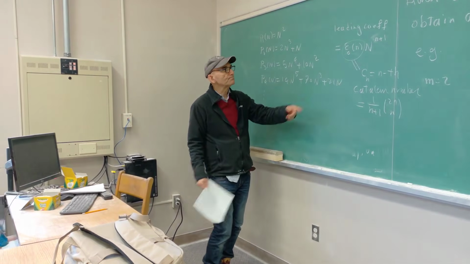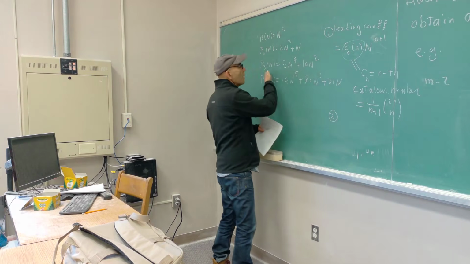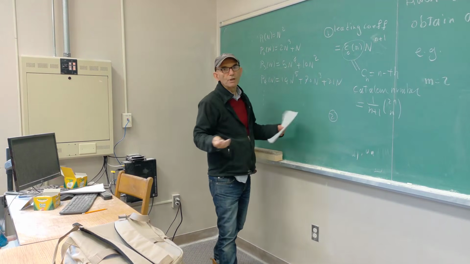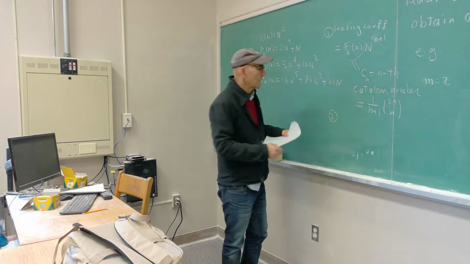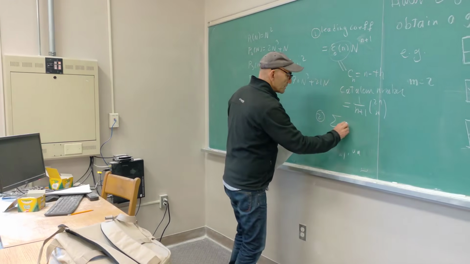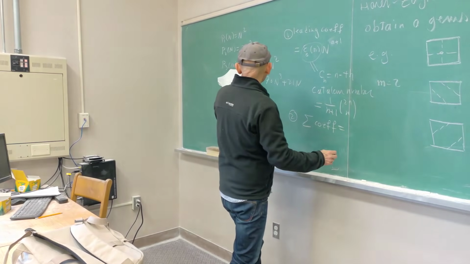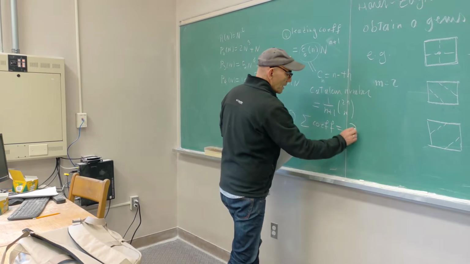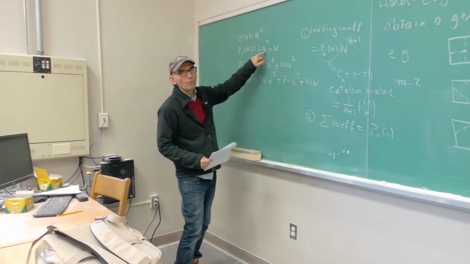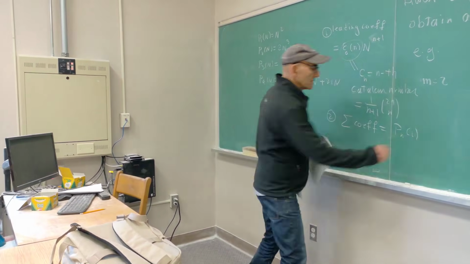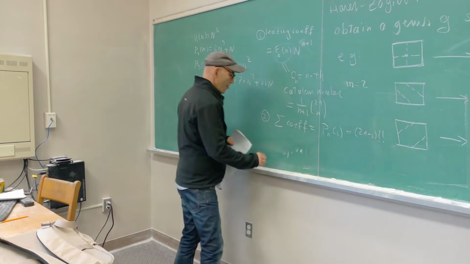So that's one observation. The second observation is that the sum of these coefficients is always (2n minus 1) double factorial, because that corresponds to the number of total gluings. The sum of coefficients is nothing but P_n(1), you replace n by 1 here, which is equal to (2n minus 1) double factorial.